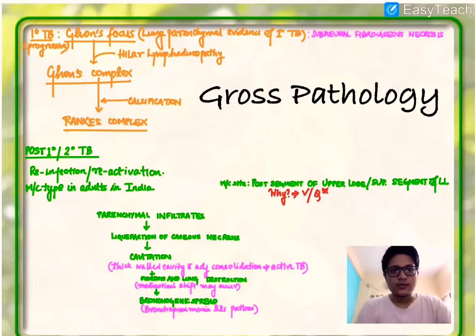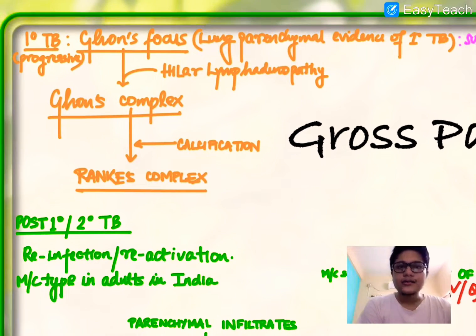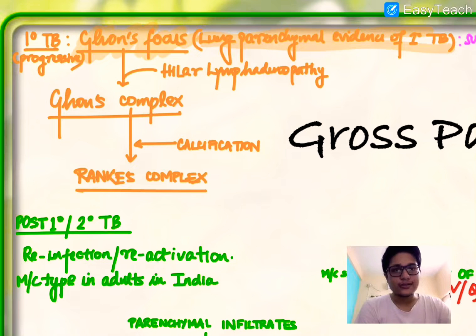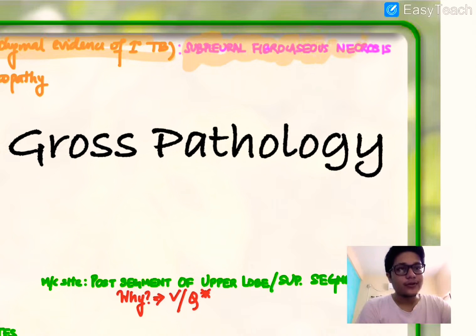Okay, so now let's move on to some of the gross pathological findings that we find in tuberculosis. In a case of primary progressive tuberculosis, or sometimes in case of a primary tuberculosis as well, what we find is that there is a Ghon focus. Ghon focus is basically lung parenchymal evidence of primary tuberculosis, and it is actually a subpleural fibrocaseous necrotic area.